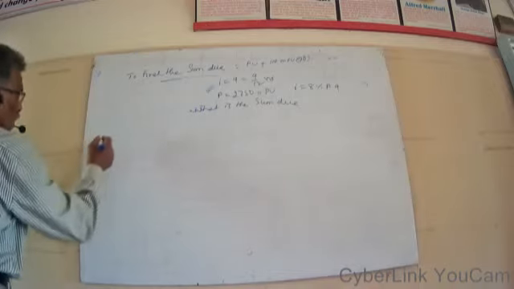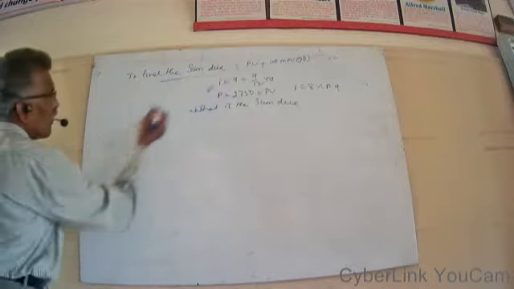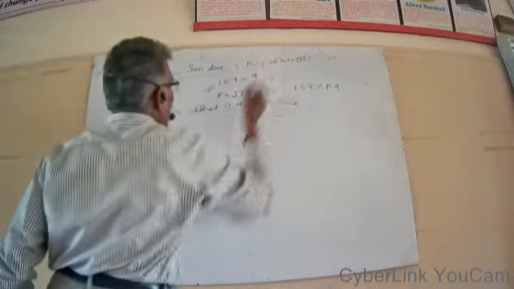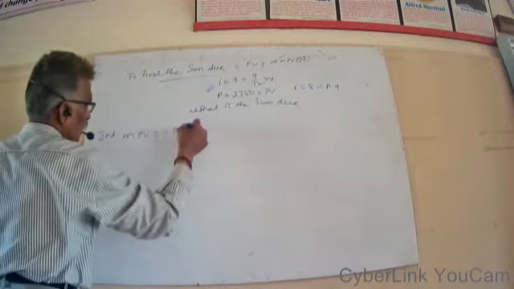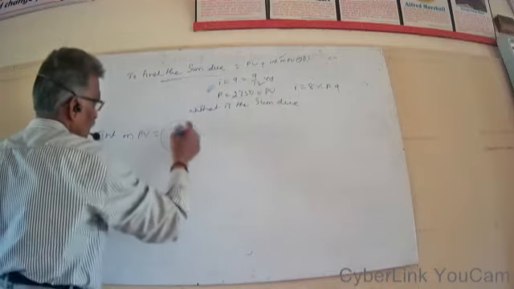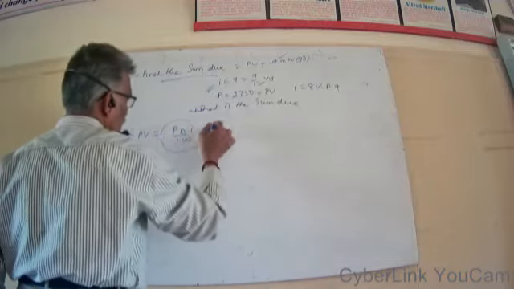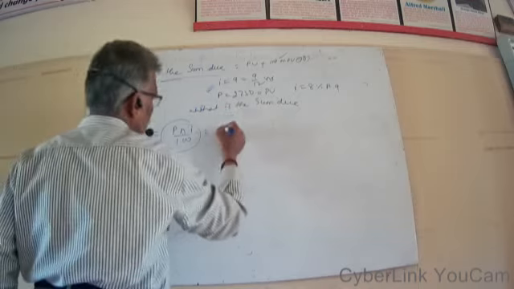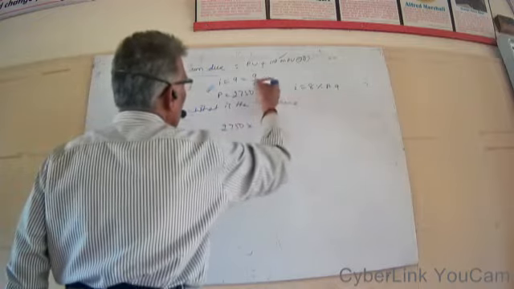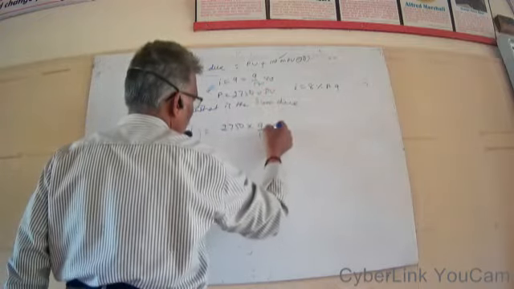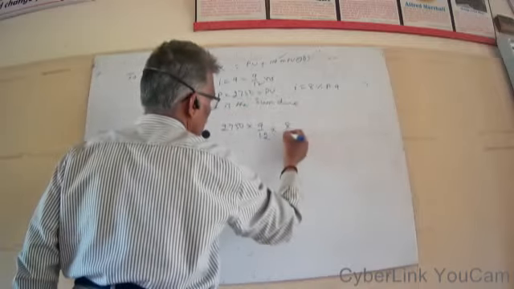So to have the sum due, next is interest on PV. How do we find this out? Interest on PV equals PTR upon 100, the same formula. Here T is N and R is I. PNR divided by 100 equals P, which is 2750, into N, the number of years, which is 9 by 12, and I equals 8%.